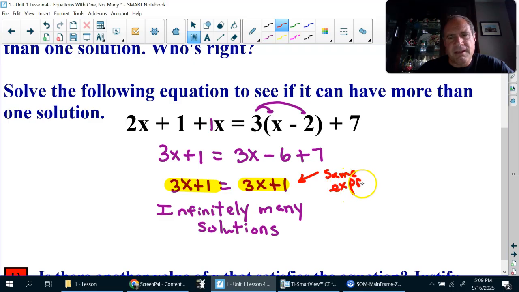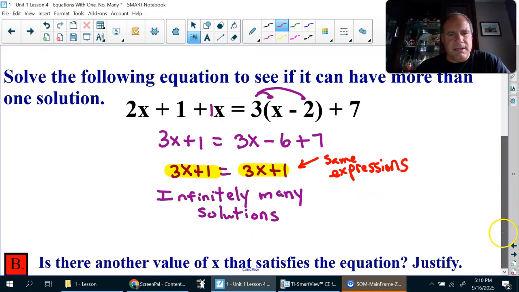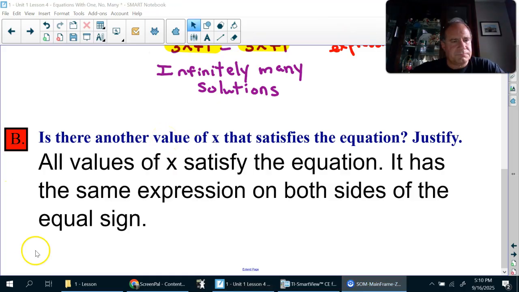And when you have the same expressions, you will have infinitely many solutions. And that's it. Is there another value of x that satisfies the equation? Yes. All values of x satisfy the equation. And that's it.